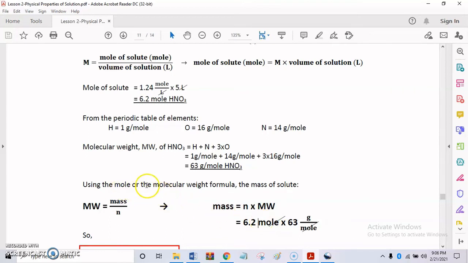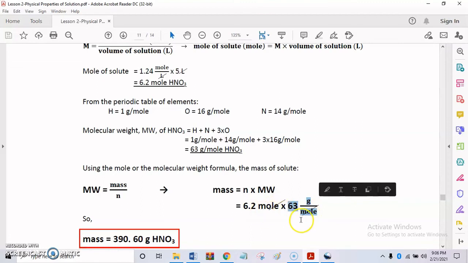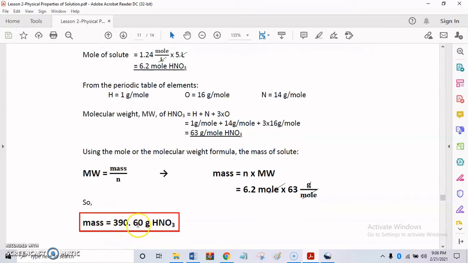So the mass of solute is mole solute times the molecular weight of solute. So, 6.2 times 63. Cross out the mole, what remains is gram. So, the mass of the nitric acid is 390.60 grams.